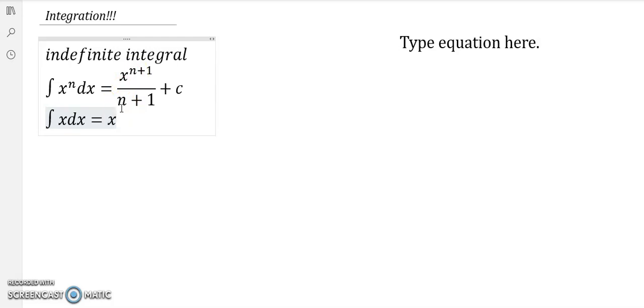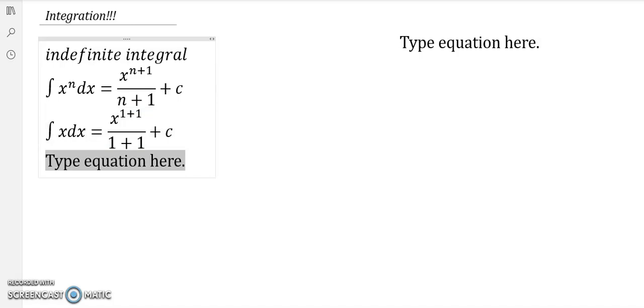Then we're gonna have x to the power 1 plus 1 all divided by the exponent 1 plus 1 plus the constant c, which can also be written as x squared all divided by 2 plus c.